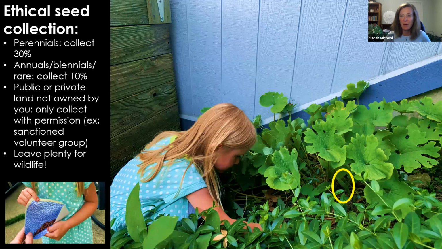You could see down there in the bottom left. And when we figured out that we had accidentally collected every single bloodroot seed, we made sure to return some of those to that area to be ethical seed collectors and to make sure there were seeds that could still be collected and eaten by ants. And we're going to talk more about that.